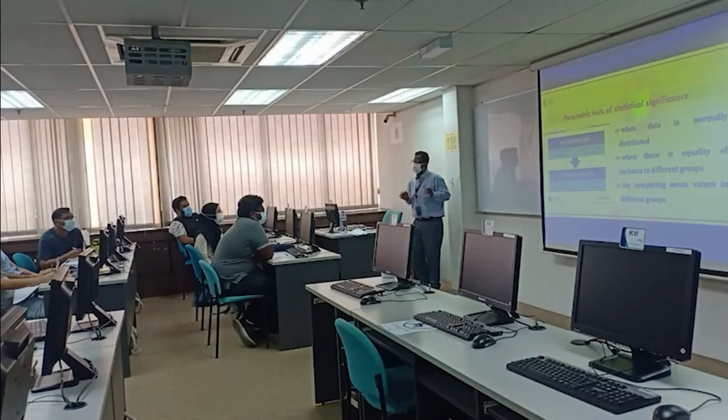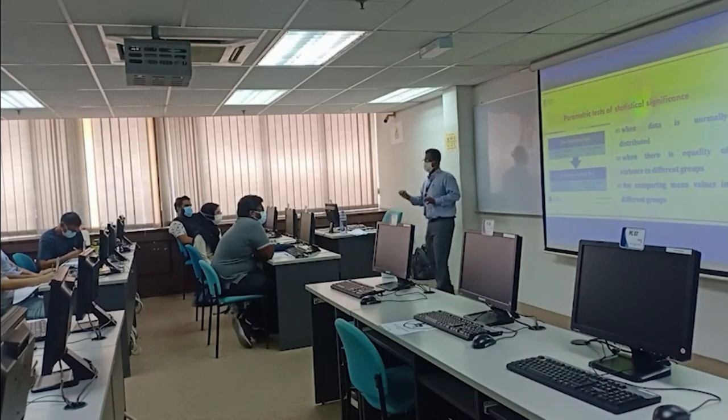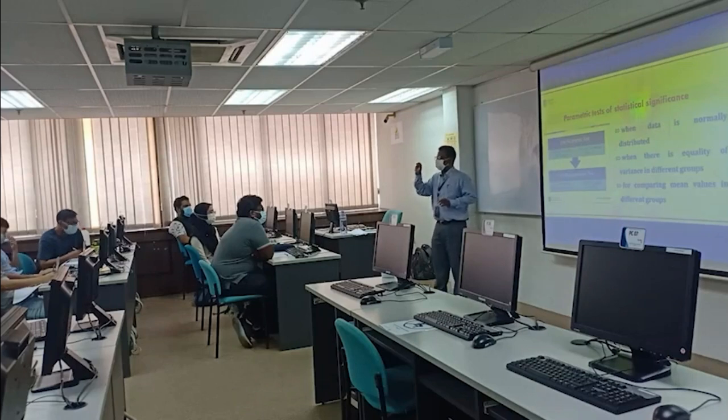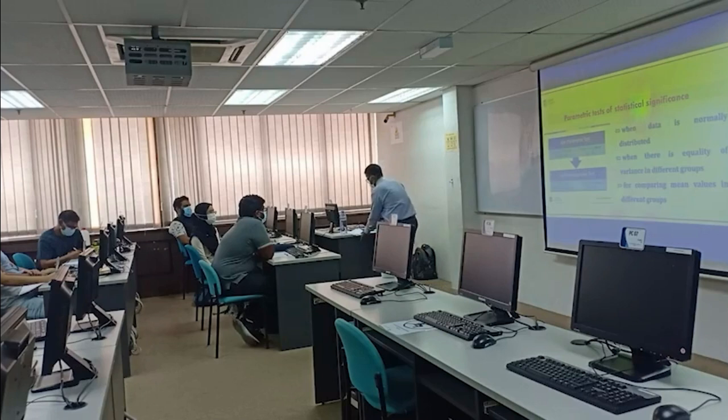Non-parametric test is used when data is not normally distributed. Please remember that. Parametric, normally distributed data. Non-parametric, not normally distributed data. And another assumption is that there should be equality of variance. I will give you the study law, so you can note down the points.